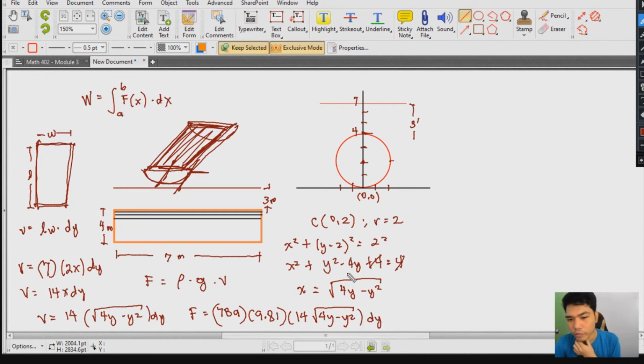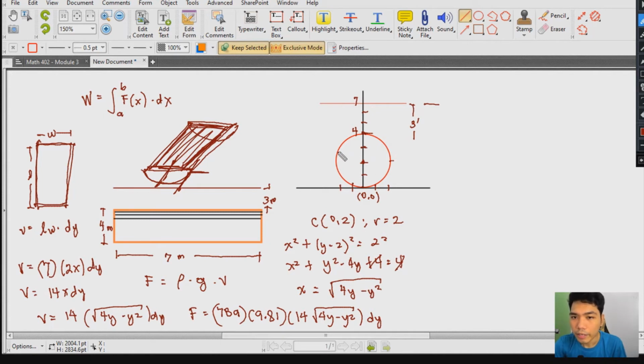But it's not yet finished, because we have to remember that this sheet is moving from this point going to that point. Since it's draining, we could just imagine yung point kung saan ba siya nade-drain, diba? Technically, if it's draining, it starts from something like 4 units going to 0, but of course the lower limit should be less than the upper limit. So we can just use 0 to 4, but then again we have to reference it in terms of the platform here, which is actually the distance from this platform going to that platform.